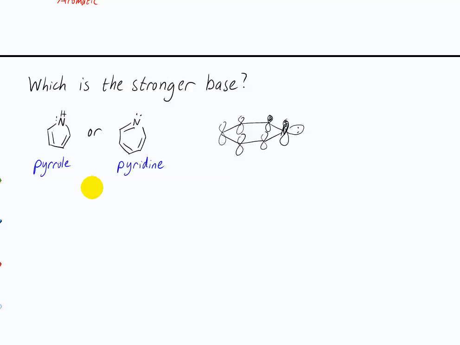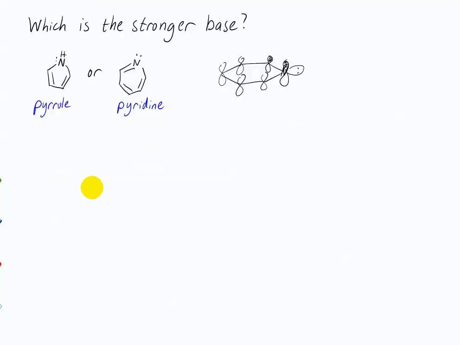Does that change your answer? Wait, what does that hybridization mean? It's sp2, but the lone pair is not in the p orbital. It's in the sp2 hybrid orbital. It's not part of the pi system.